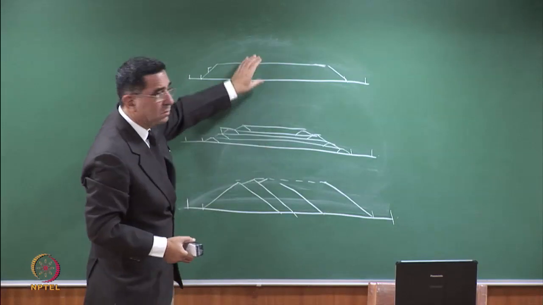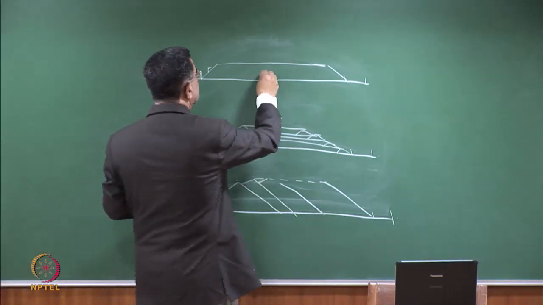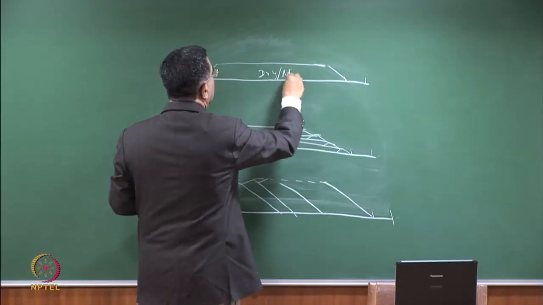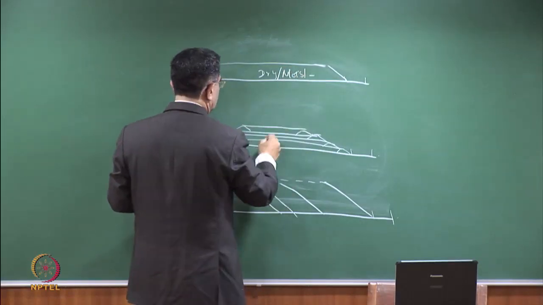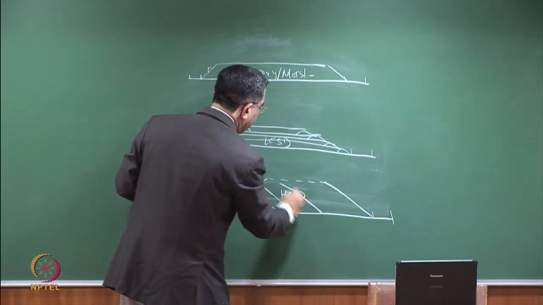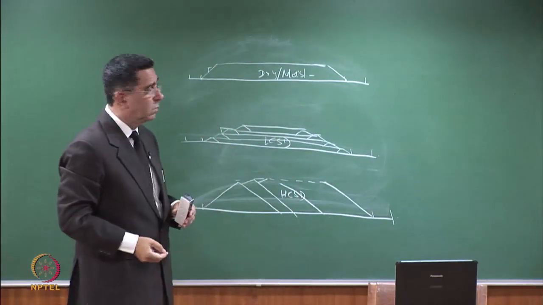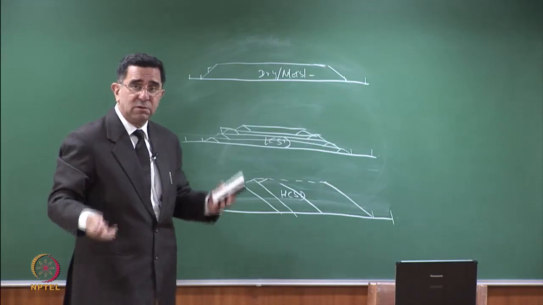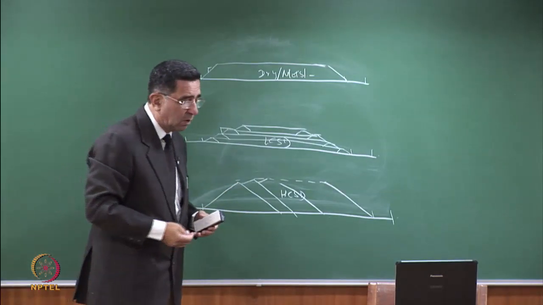All the three shapes, dry mound, lean and high concentration, they are going to give you the same material is going to be stored above the ground level.